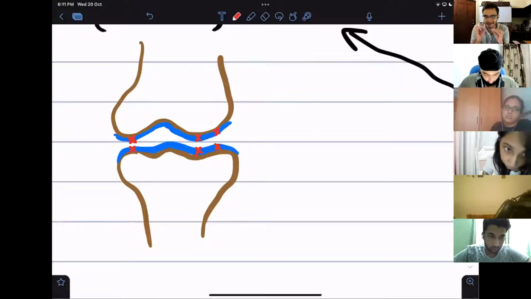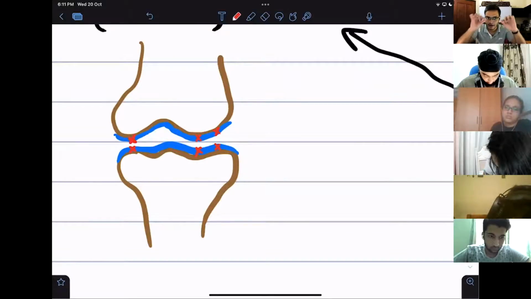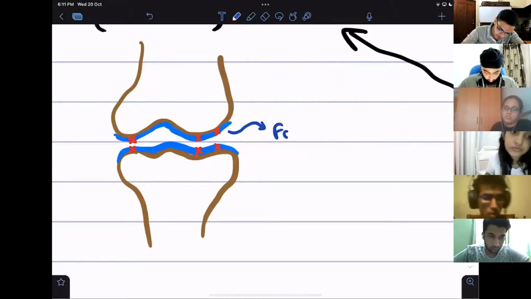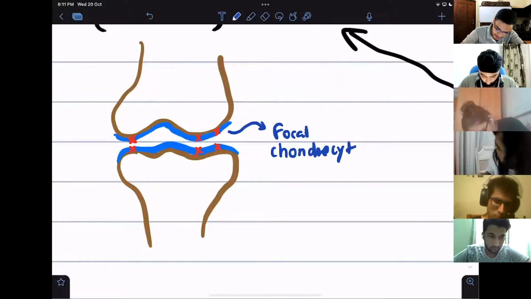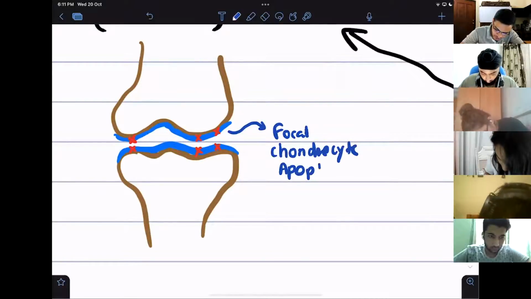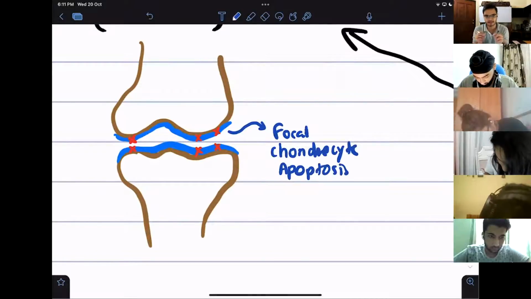These focal areas that rub against each other, especially when the cartilage is thin, there is something happening, guys. There is focal chondrocyte apoptosis due to the increased friction in these areas. It is not a generalized thing. Not the entire cartilage is affected yet.